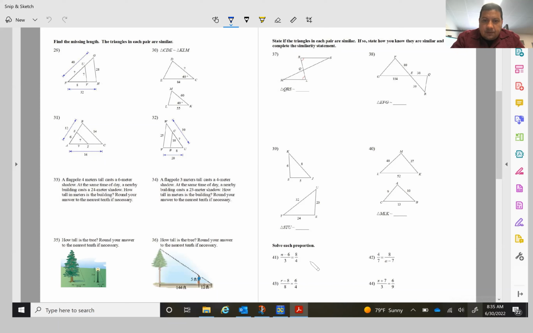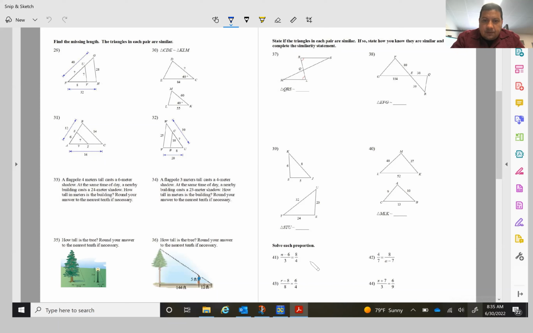And I've been saying we can cross multiply whenever we're comfortable. We can simplify if we need to, but I'm not going to simplify. I'm just going to cross multiply, then we have access to the calculator. 6 times x gives me 6x, and 4 times 24 gives me 96.